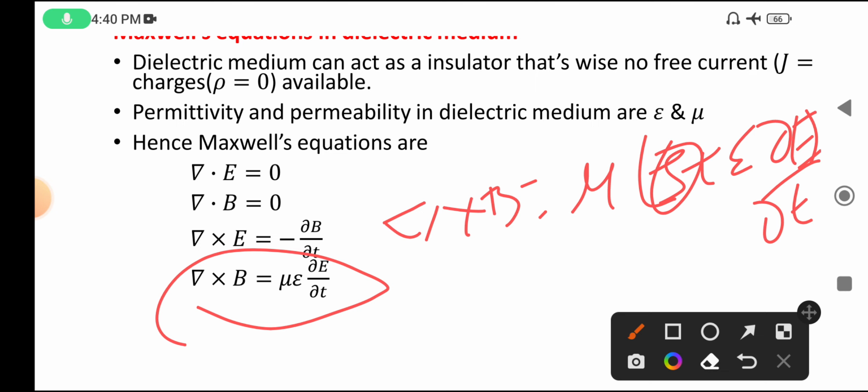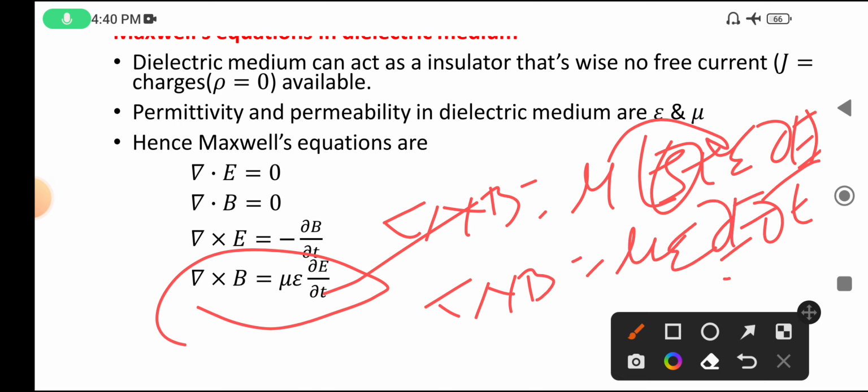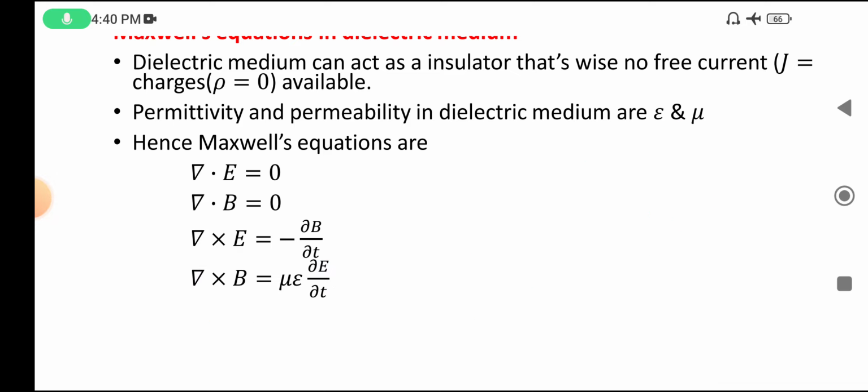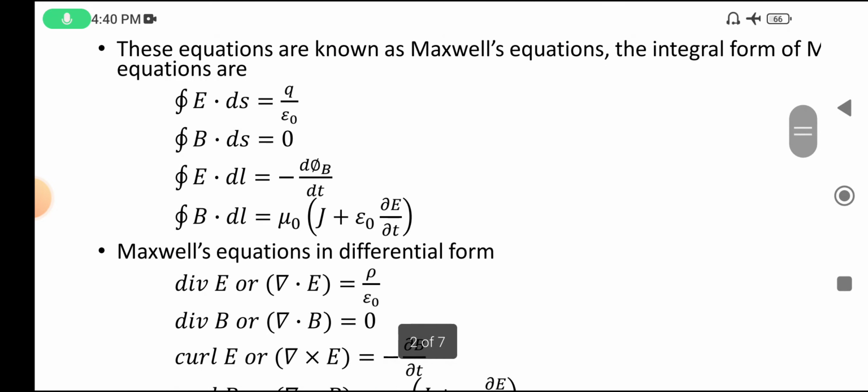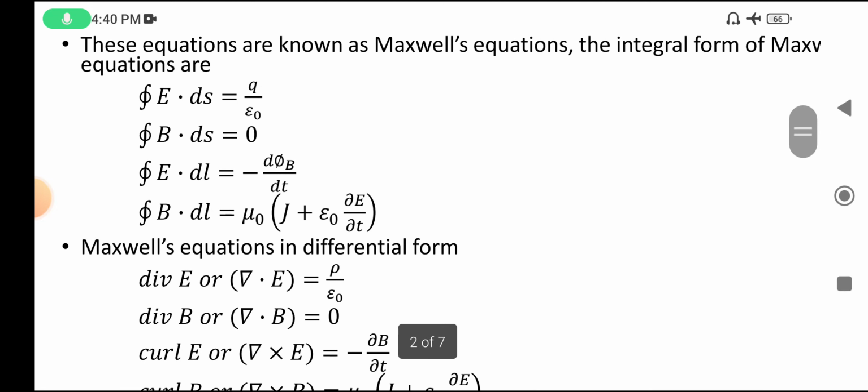Here the J value is 0. Then multiply this inside, and we get del cross B is equal to mu epsilon dou E by dou t only. That's it. Okay friends, this is very important, so don't forget. You must keep in mind integral form and differential form. Okay friends, thank you.